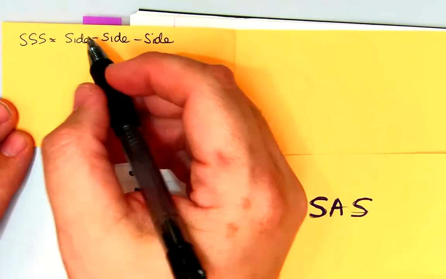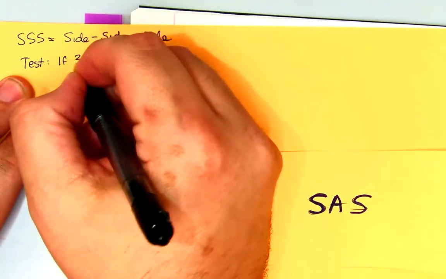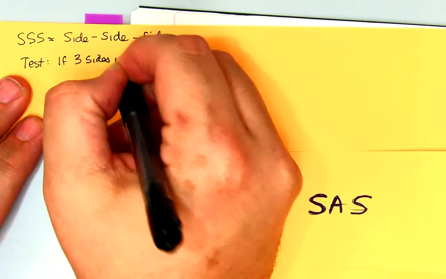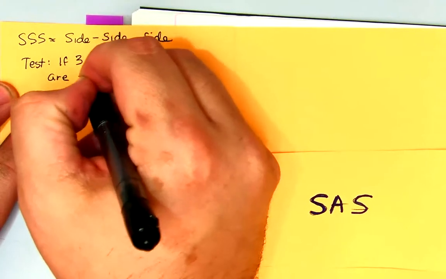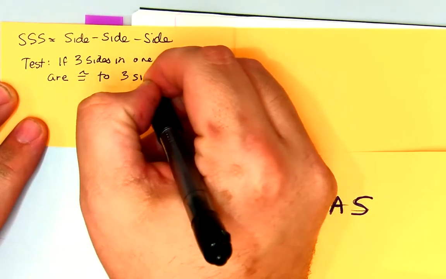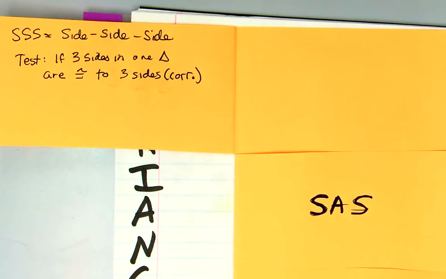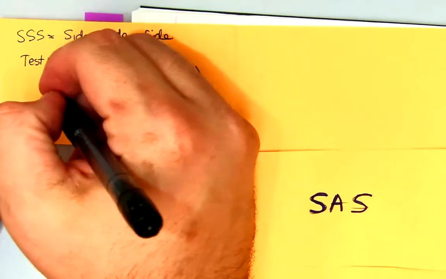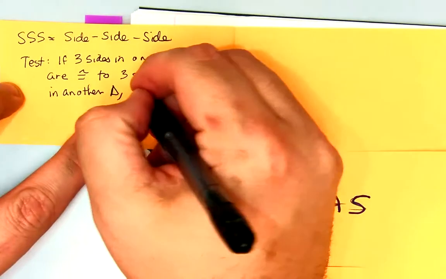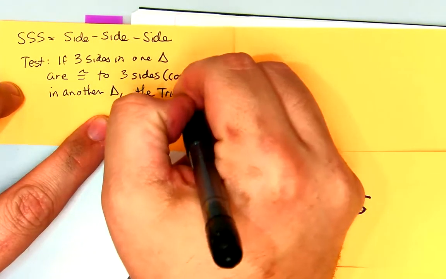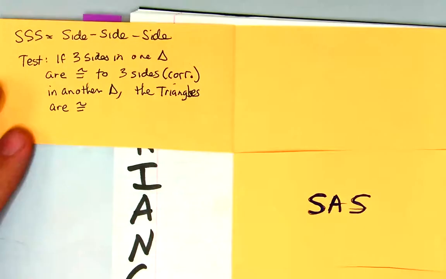And this test tells us if 3 sides in one triangle are congruent to 3 sides, and I forgot to put corresponding, so I'll put CORR, to 3 corresponding sides in another triangle, the triangles are congruent.